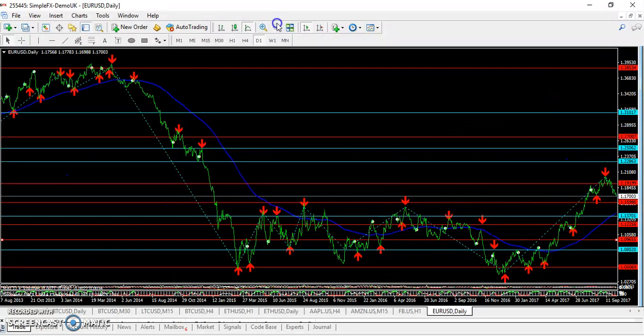So right now, we see that head and shoulders pattern right there. And we're on the daily time frame. In all honesty, I can't even see where that zone is.